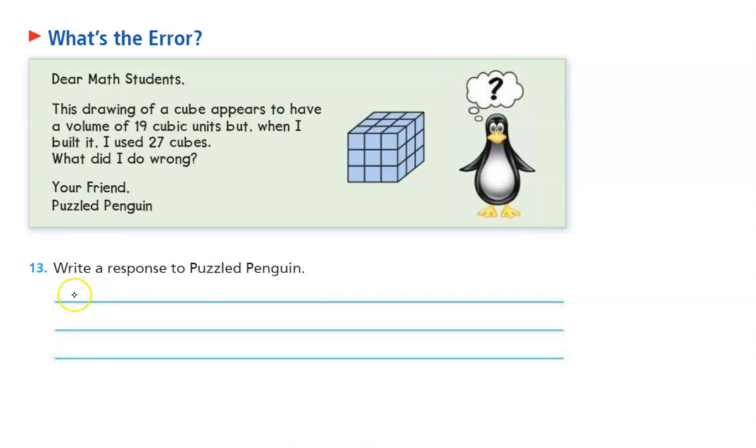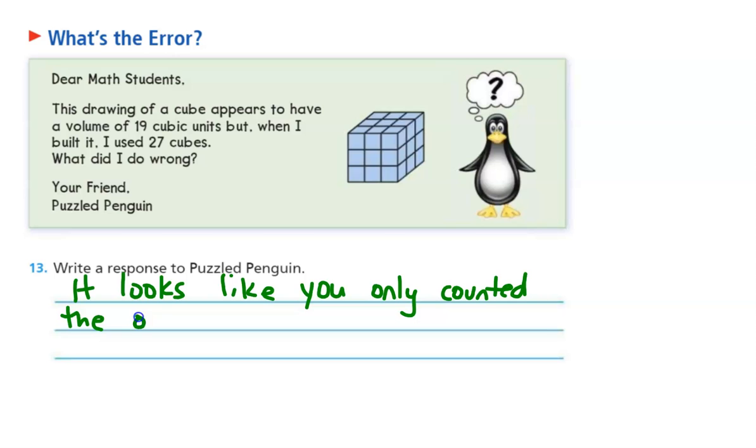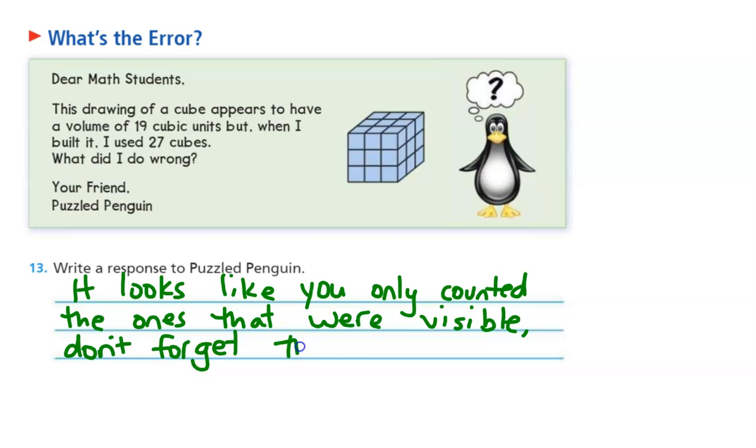So let's say it looks like you only counted the ones that were visible. So we basically need to tell him, don't forget there are some that are hidden.